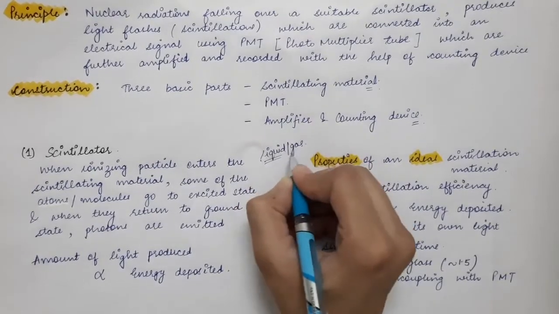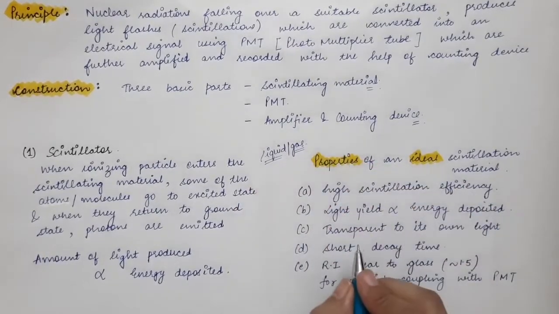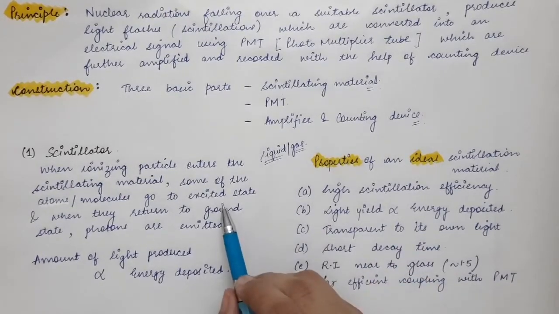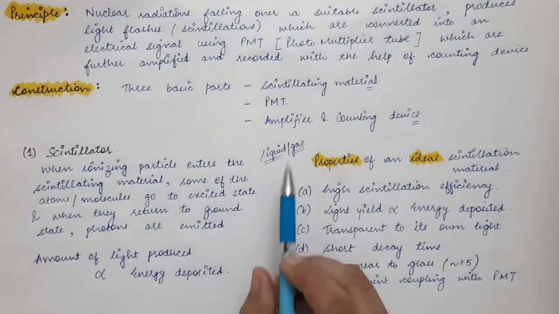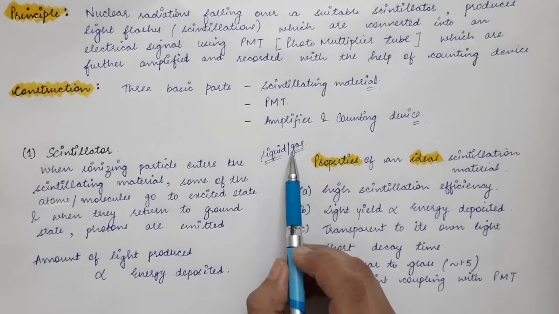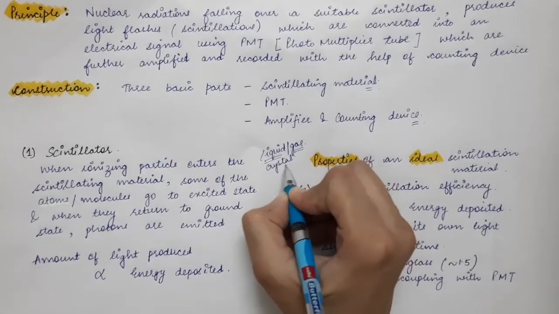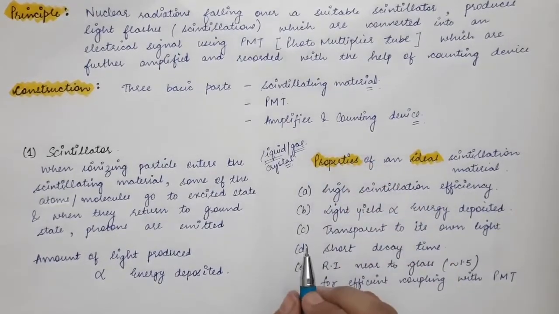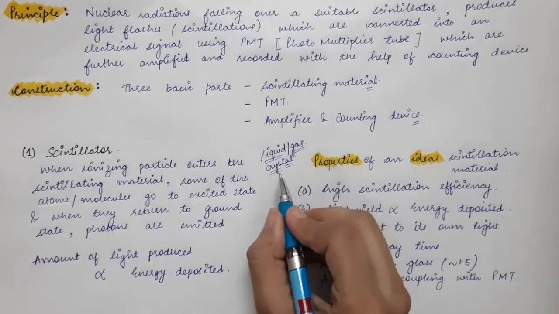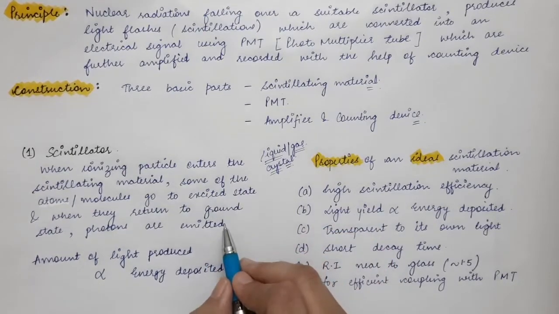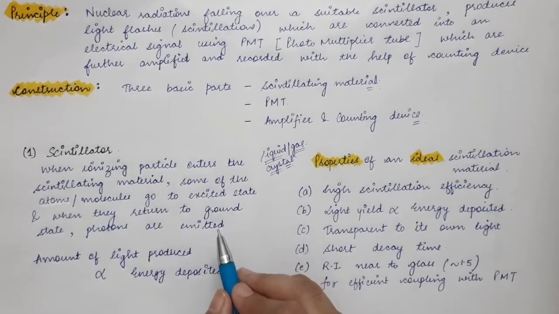So if you take a liquid or gaseous medium, the thermal energy released in the de-excitation process is in the form of molecular vibrations. But in the case of a crystal, the thermal energy is released in the form of lattice vibrations. So the energy released in the de-excitation process could be in the form of thermal energy.